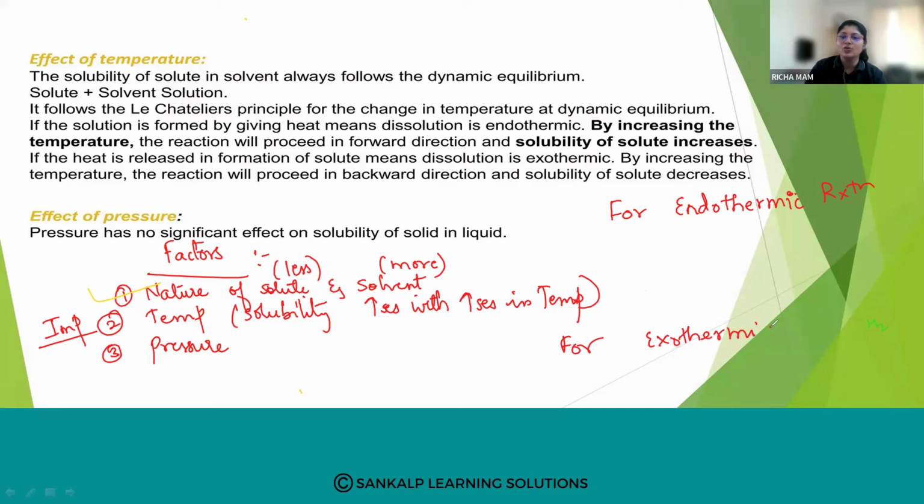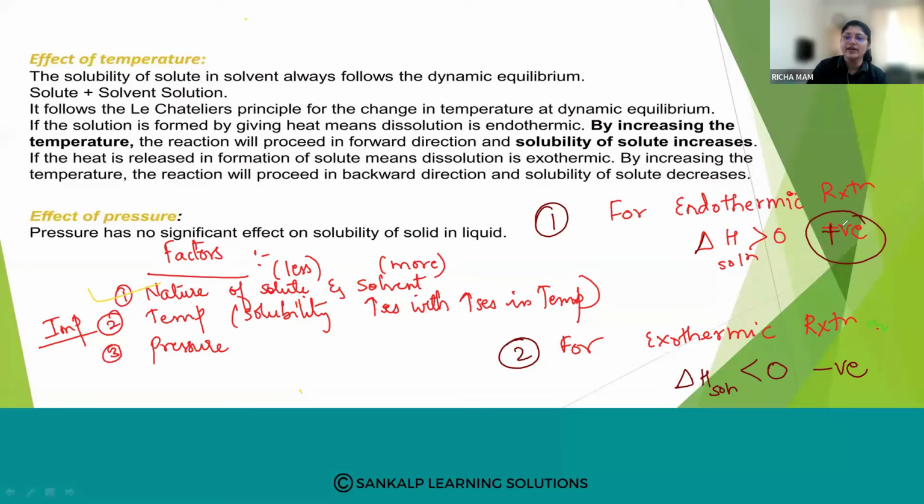For an endothermic reaction, delta H will always be greater than 0, so it is positive.